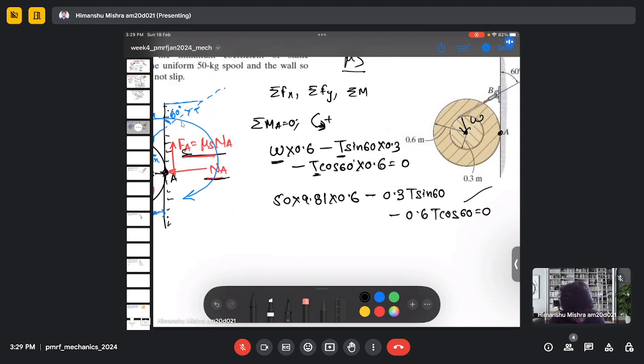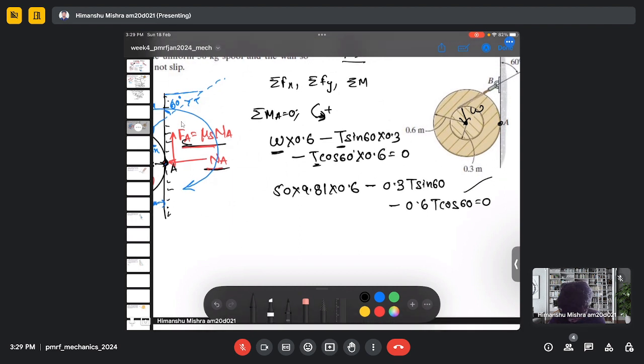So this will be 294.3 minus 0.259 T minus 0.3 T equal to 0.